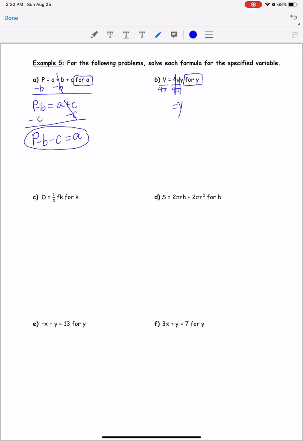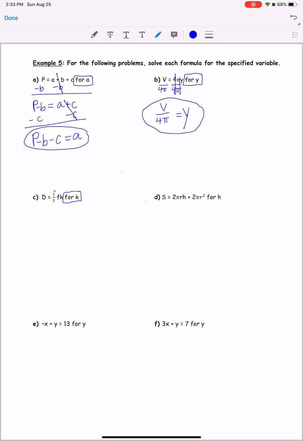No. So y equals V over 4 pi. So you can see a lot of these, you've got the exact same variables in here, it's just moving them around, okay? On C, we're wanting to solve this for K.